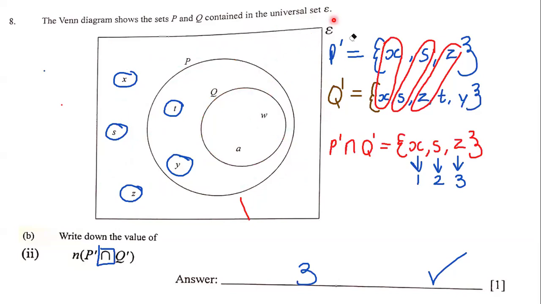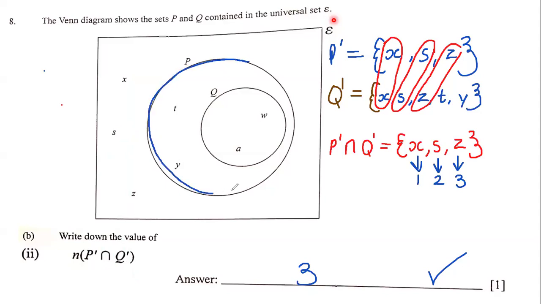This thing is called P complement. What did I say? P complement. Laura, can you hear me? What is this? P complement. Very good. And what P complement means is that everything in P, well, this is set P, right, Laura?